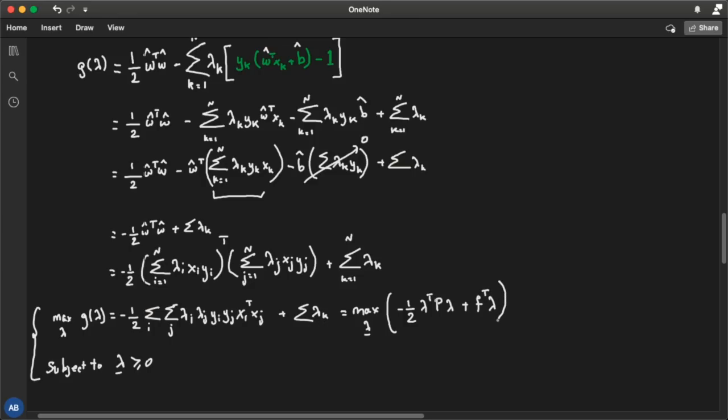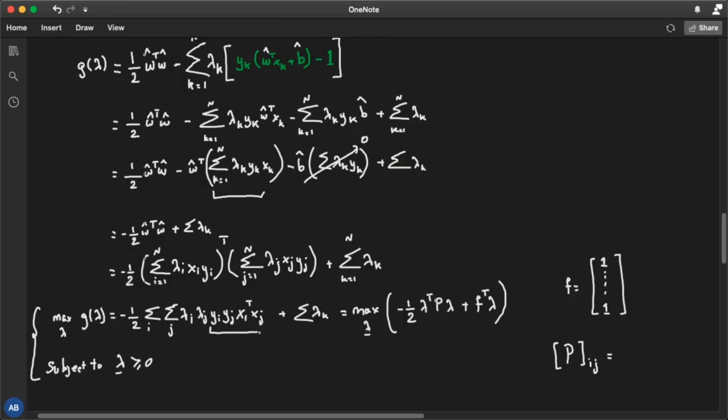Let's start with the easier term, which is the linear part. Since this is a sum on lambda, the coefficients of the lambdas are all 1. So my f should be a vector loaded with all 1s, right? Okay, that's my f. What about my P? Well, my P is a matrix where its ijth entry is the coefficient multiplying lambda i, lambda j.